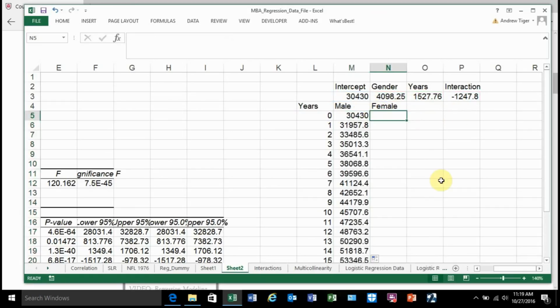Now let's do it for a woman. Again, it starts with the intercept plus 1 times the gender.